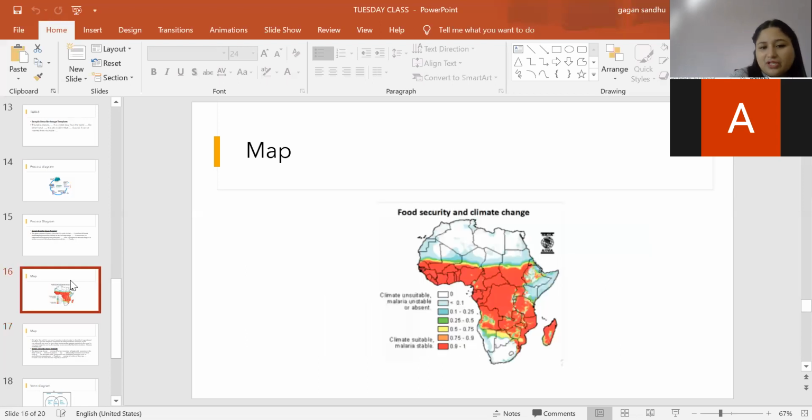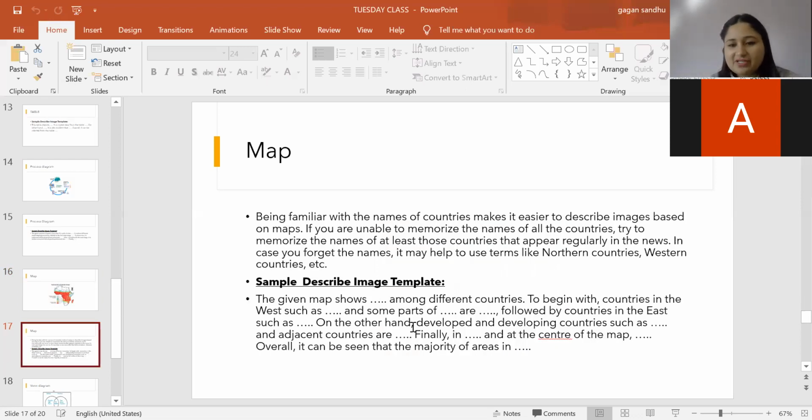And you never know, now they have not given any specific name, so maybe they are just giving different countries' information here, so it's okay to say different countries as well. So you see, this is how you are going to explain the maps, right?